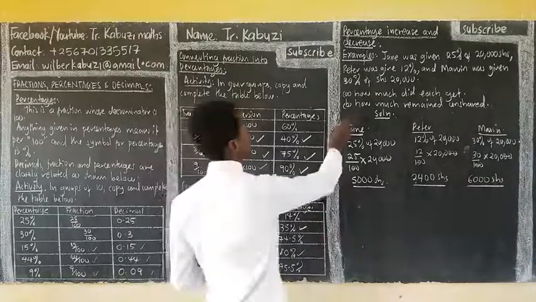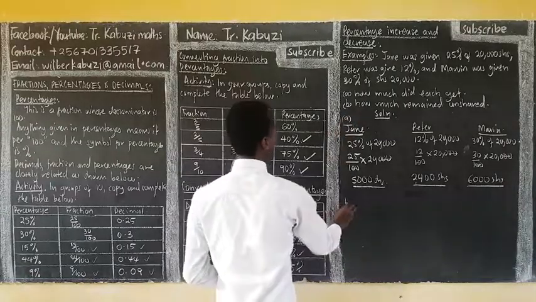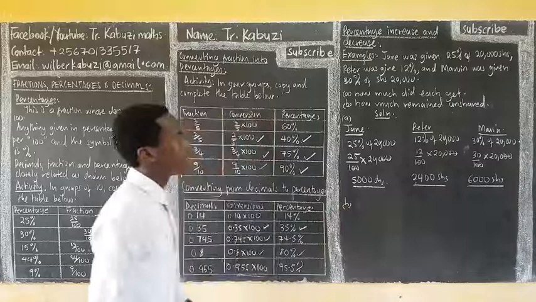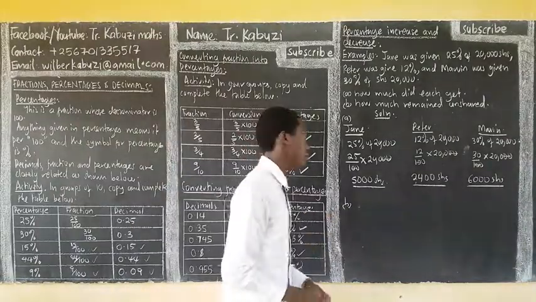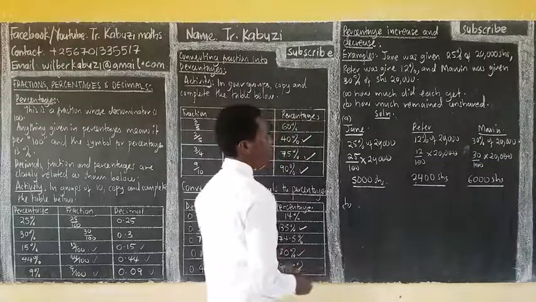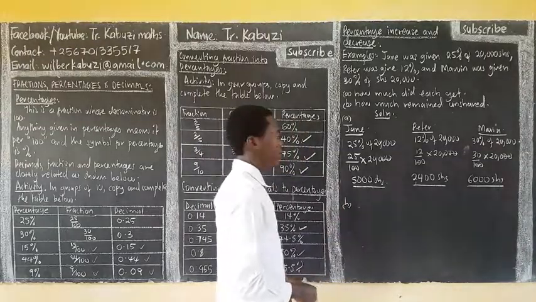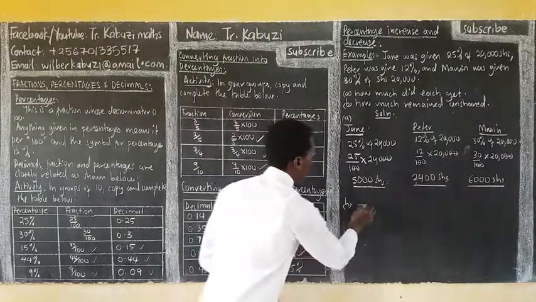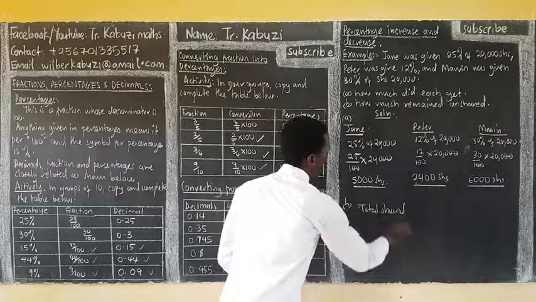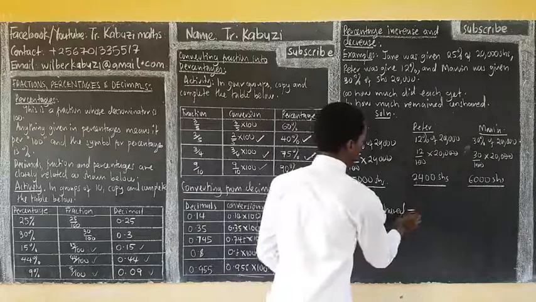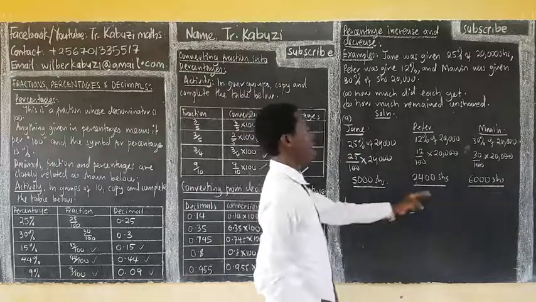So this was part A. Then in part B, how much remained unshared? So meaning we have to first get the total shared. So we add this and this.